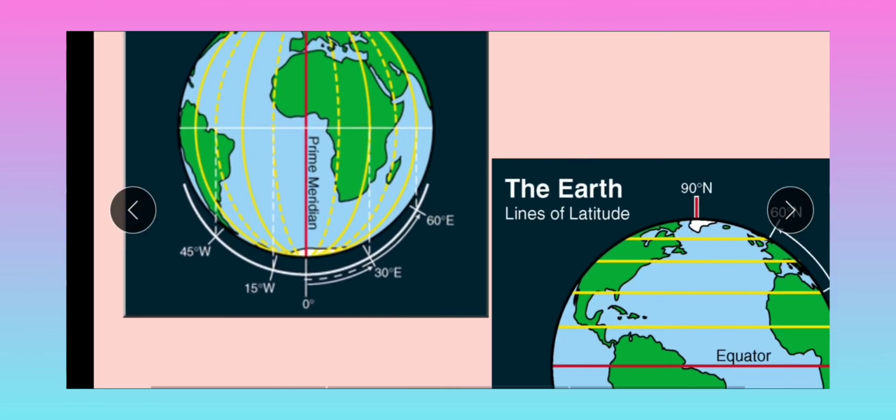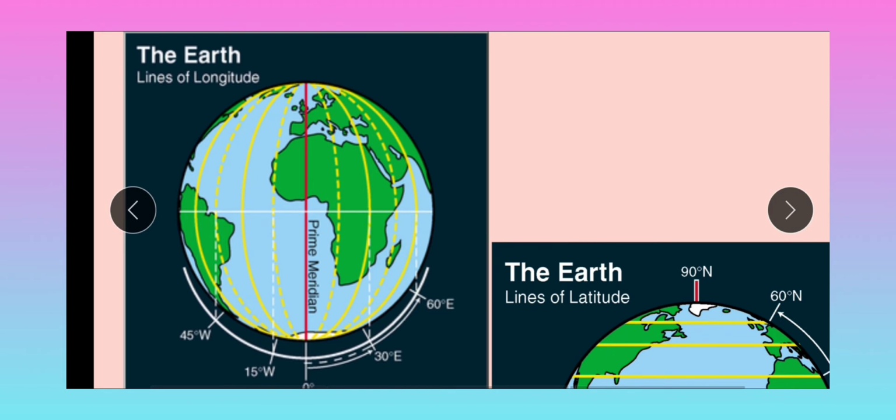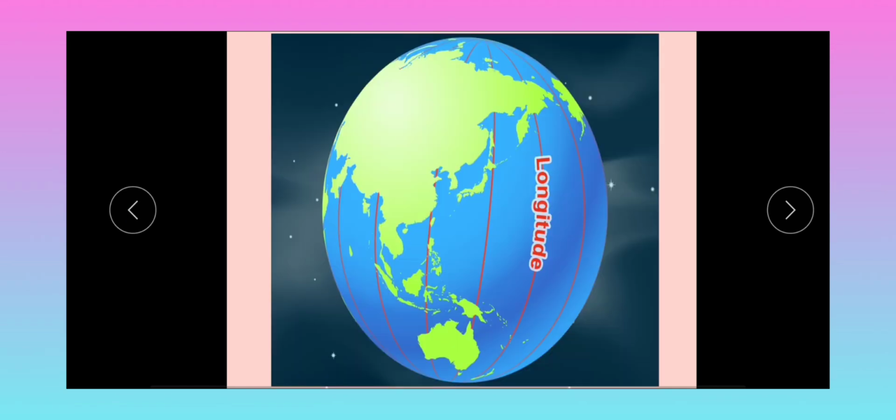Here is the prime meridian. Like in latitudes the major important line is the equator, in longitudes the major line is the prime meridian. Okay, so for example, given both islands, we have to find one in the east and one in the west. Okay, so it's the exact same degree, but one is on the east side and one is on the west side.